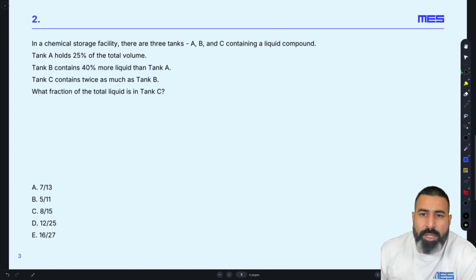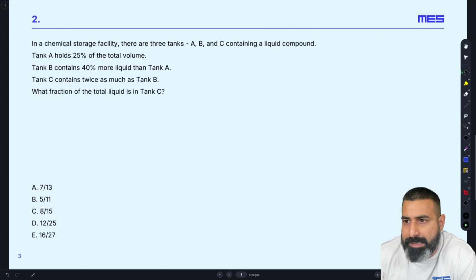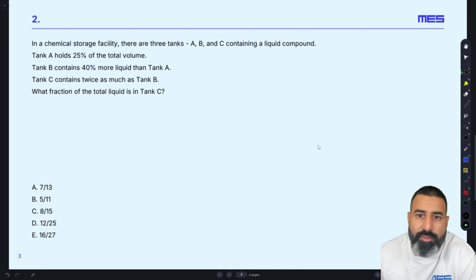Okay, question 2. So in a chemical storage facility, there are 3 tanks A, B, C containing a liquid compound. Okay, could do it through proportions. We could, and you could do it algebraically. I'm inclined to do it algebraically. So tank A holds 25% of the total volume.